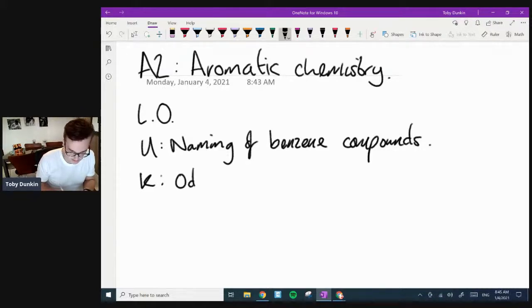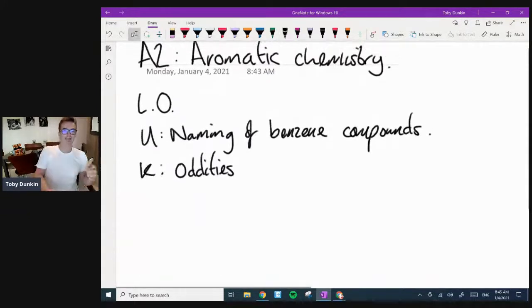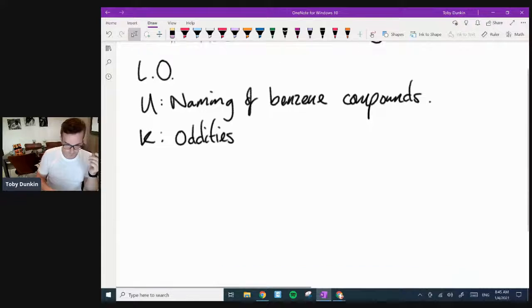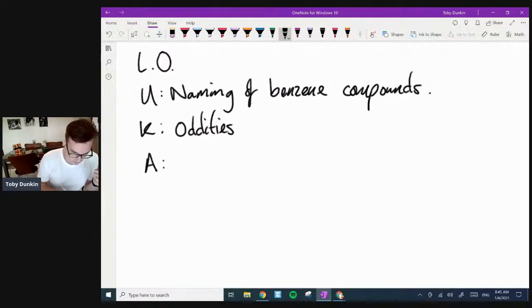Because the first learning objective is actually a bit of a stupid learning objective, because benzene just has its own set of rules, and the rules are just a little bit messy. You pick up these rules and then you add the oddities onto it. And the last one is be able to draw aromatic compounds.